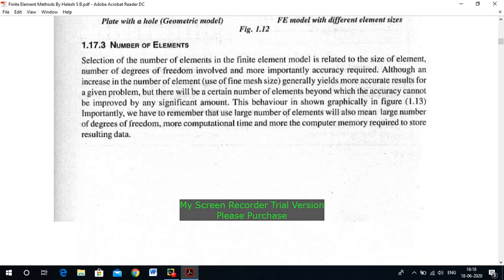And the next topic is the number of elements. The selection of the number of elements in the finite element model is related to the size of element, the number of degrees of freedom involved, and more importantly the accuracy required.